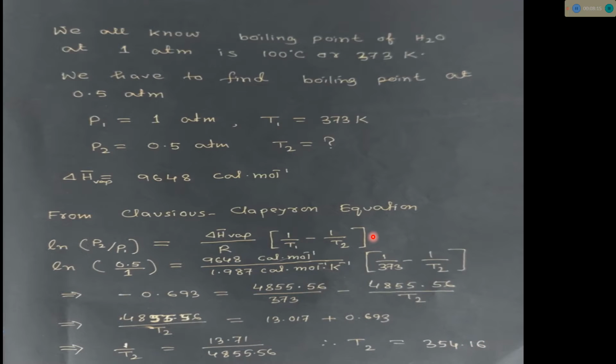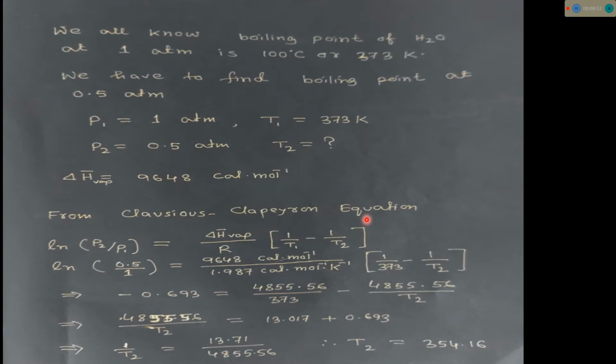We all know that when the pressure decreases from 1 atm to 0.5 atm, the boiling point decreases. When pressure is high, the boiling point is high, and when the pressure decreases to 0.5 atm, the boiling point also decreases.